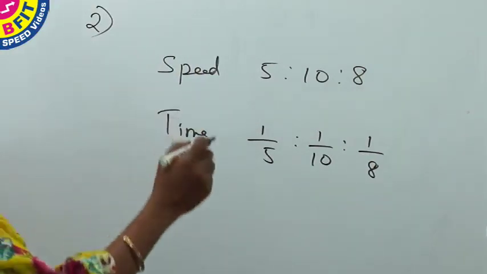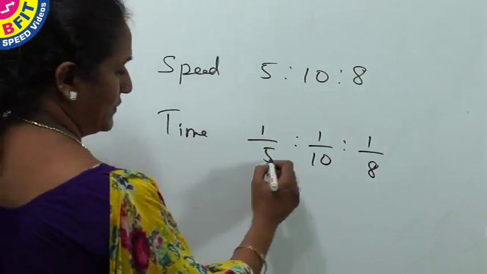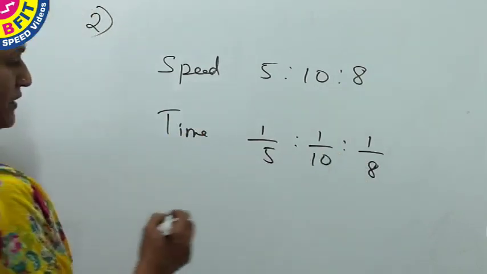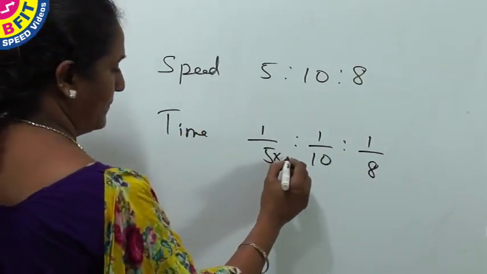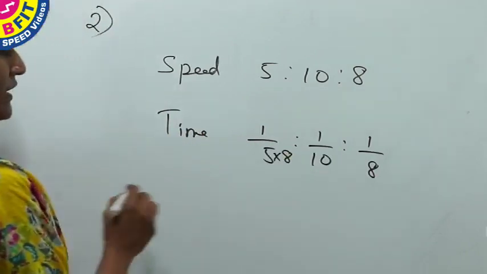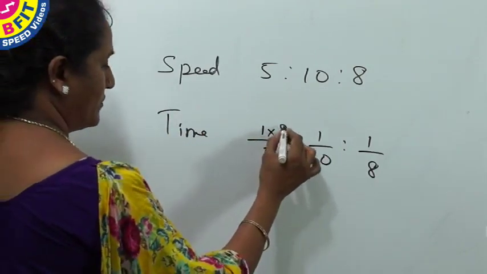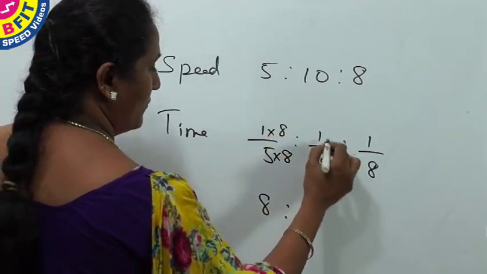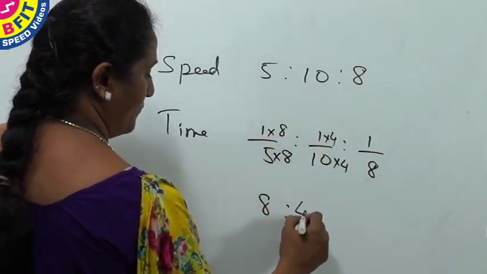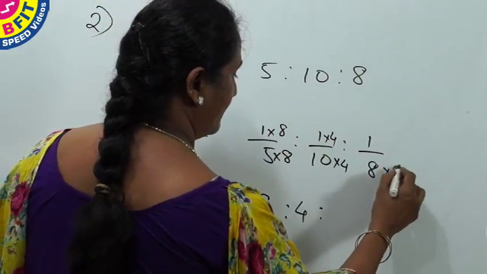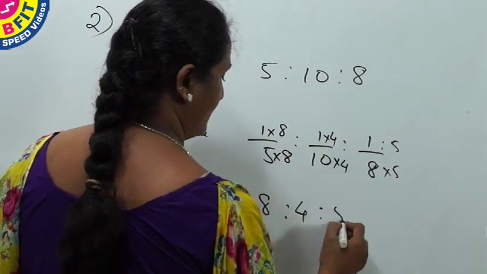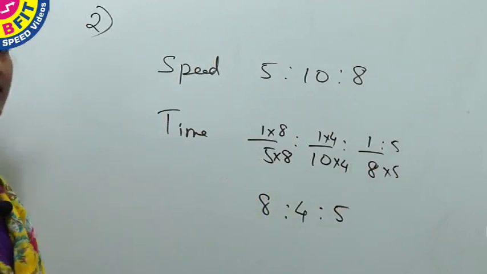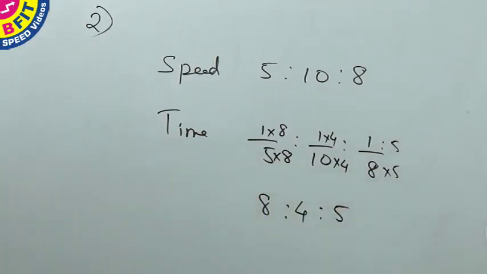Now writing this in normal format, taking the LCM of these denominators, which is 40, and multiplying accordingly, we get the ratio of time taken for these 3 cars as 8:4:5.